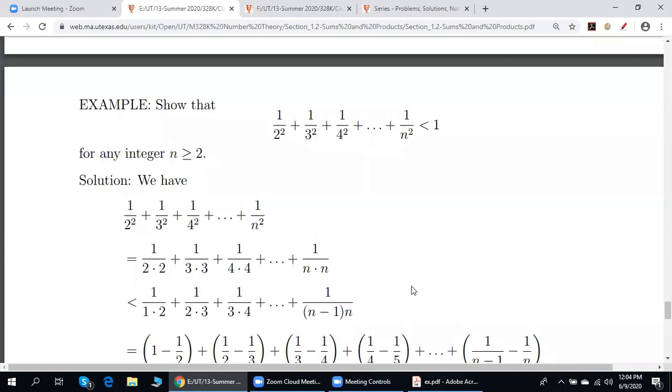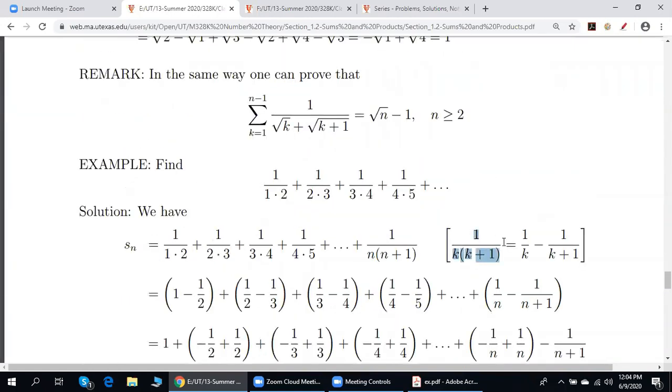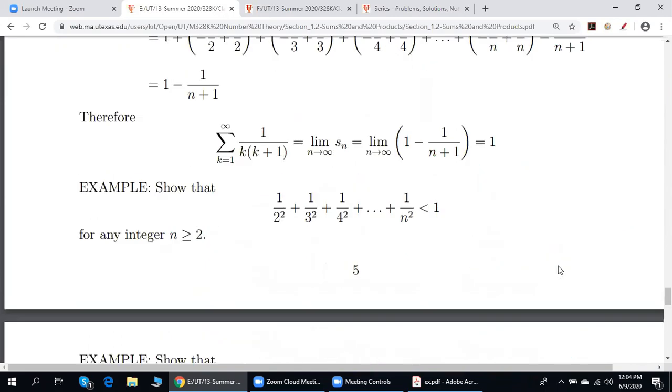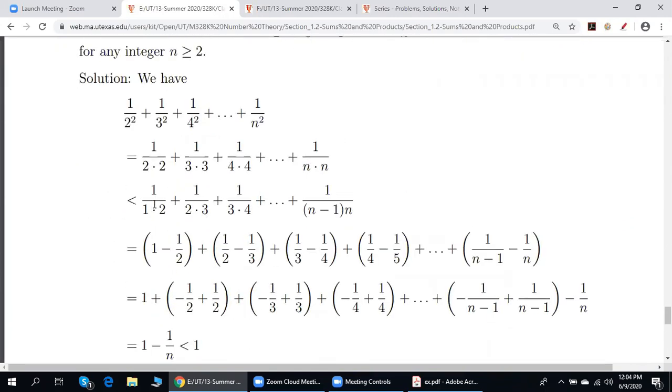And now let us apply this identity to each term. This is equal to this, and so on. We shift parentheses, done.